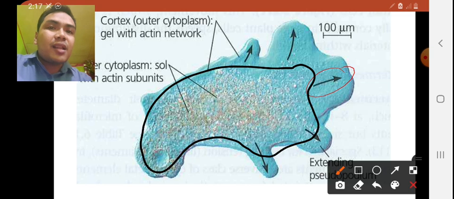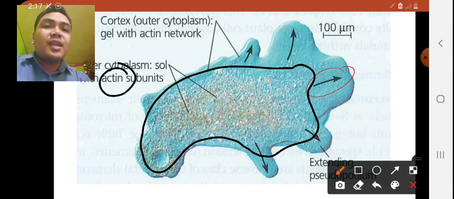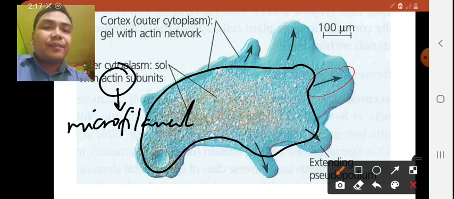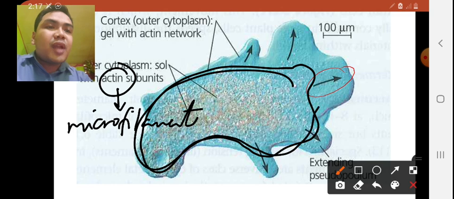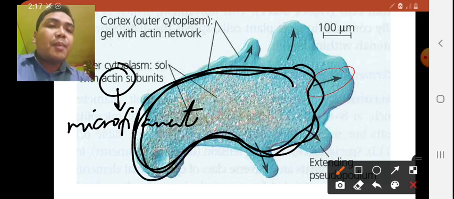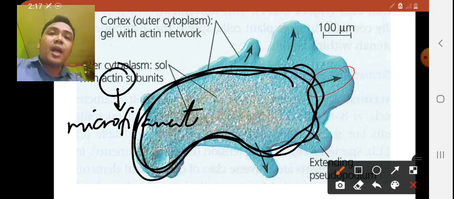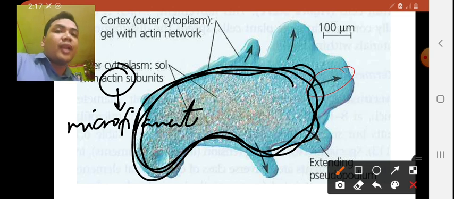And these sand-like or granule-like structures are considered to be the actin proteins, in which they are the microfilaments. So these granule-like structures are the microfilaments that are made up of actin proteins that are spherical in shape. They are the globular proteins.